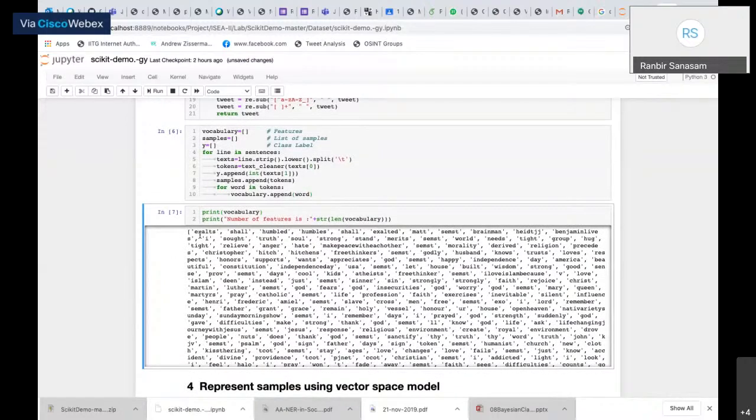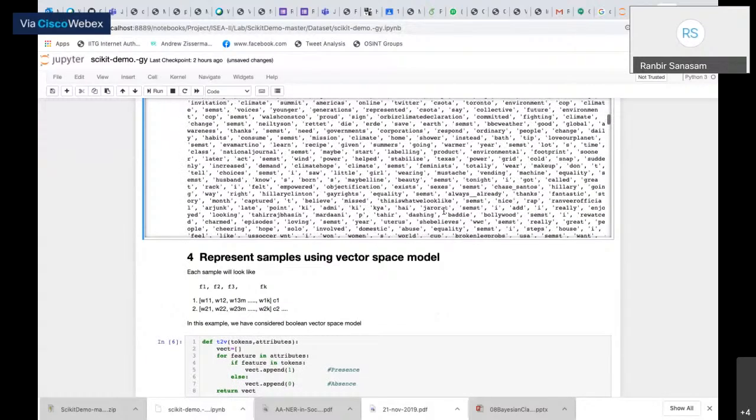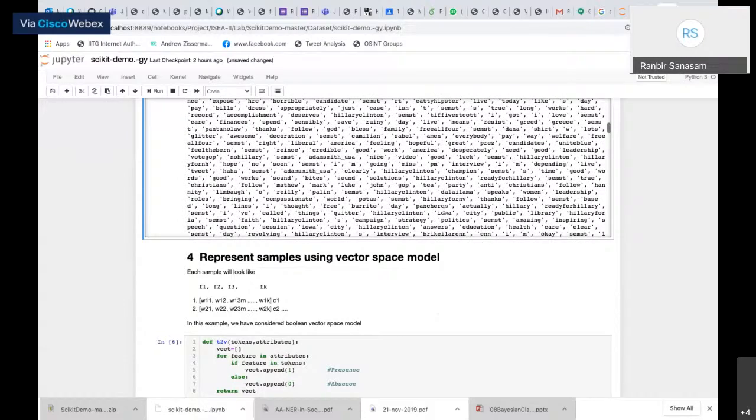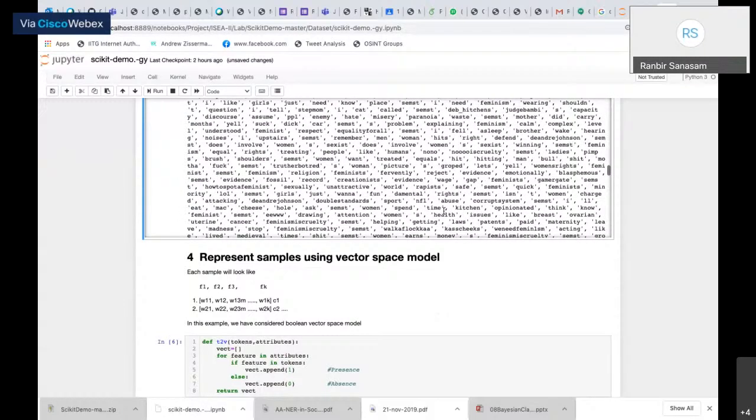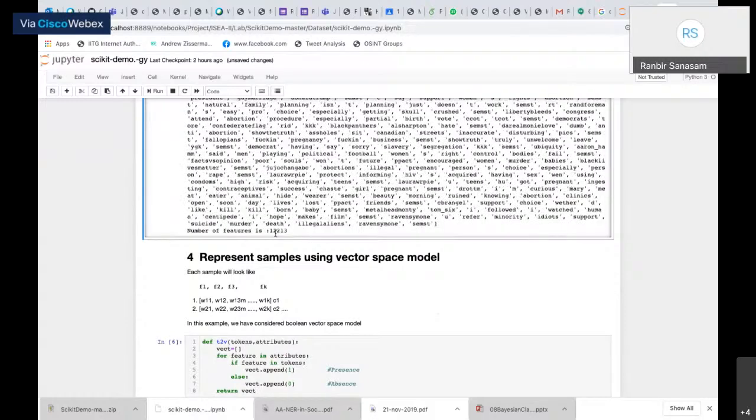These are the unique words. There are 12,213 unique words. So now I have the unique words, and these unique words are the features.